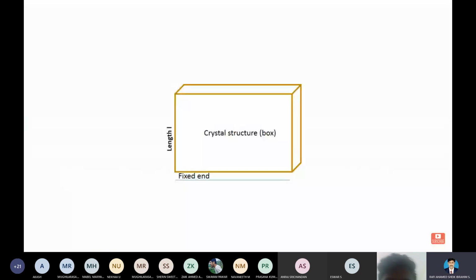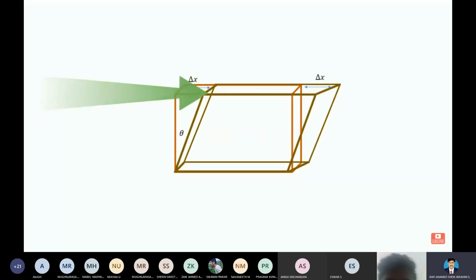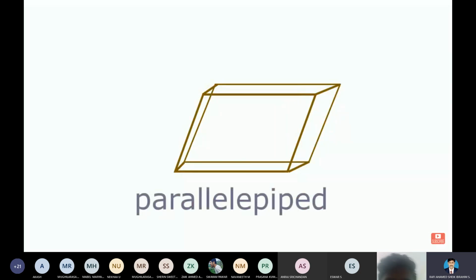Let's consider this box having length L and one side of this box is fixed. When we apply a deforming force F parallel to one of its surfaces while its opposite face is fixed, it will deform into a parallelogram.